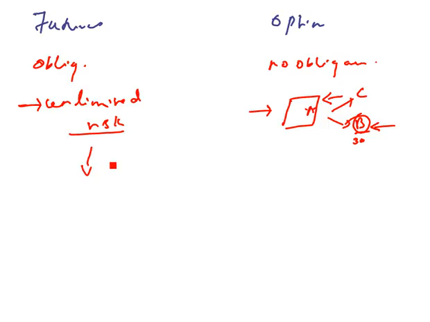The buyer and the seller also have the potential to make unlimited gain. The buyer has a potential to make unlimited gain, and the seller also has a potential to make unlimited gain, both of them. The reason is because let's say after 30 days, suddenly due to some government projects that are being initiated and new roads that are being laid near the particular land, and maybe some treasure or gold is found in the land, the buyer will buy.